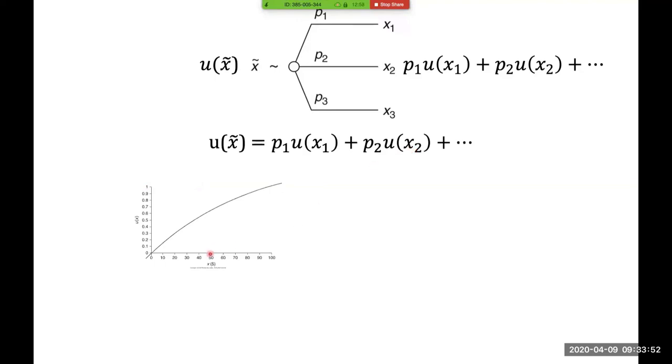We would go to this $50, go up to the U curve, go left to the U value axis to find the U value of the second prize, $50. Then P1 and P2 are given in the uncertain deal, and you would sum it up to find the U value of the uncertain deal. Then you would find that U value over here, go right to the U curve, and then go down to find that certainty equivalent, which is X tilde here.